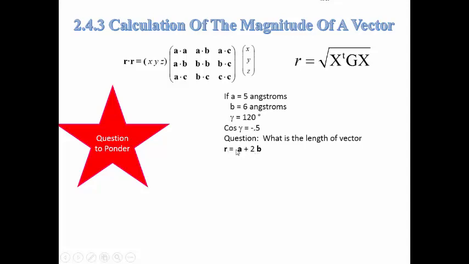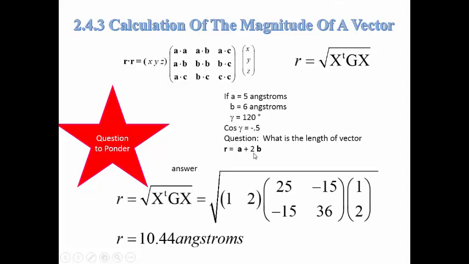So the coordinates are going to be 1 and 2 of this vector. So here we're writing this out. Here's our previous G matrix, and here's our 1, 2. Here you get the 1, 2 from here, and the column vector is 1, 2. This is the transpose of the column vector. When you do all those numbers, r comes out to be 10.44 angstroms.